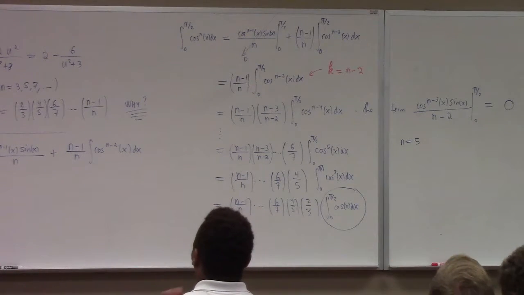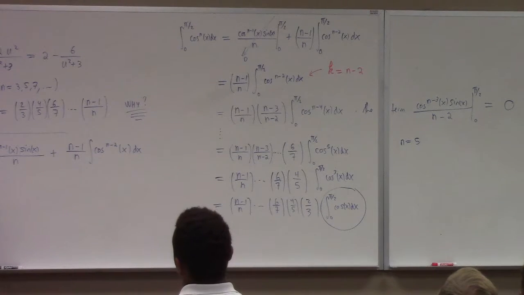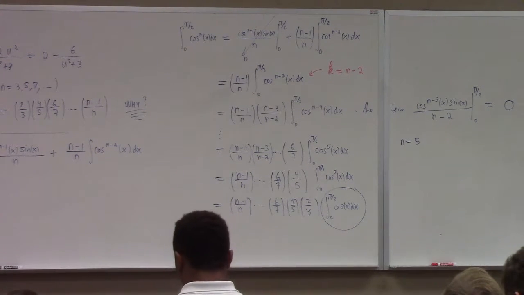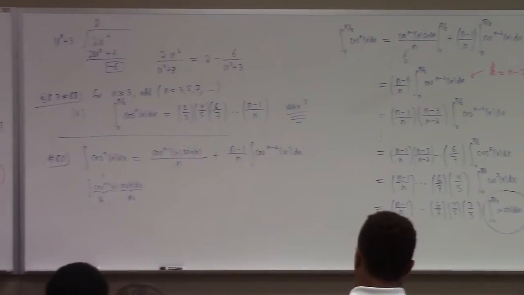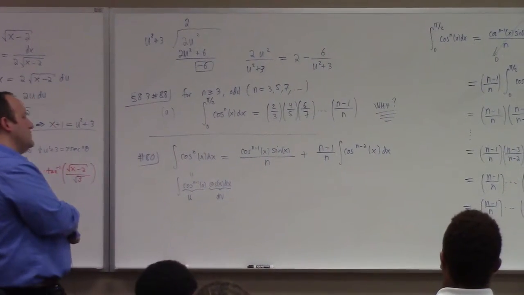If I do that, I can think of the cosine x dx as being the dv, and I can think of the cosine n minus 1 as being the u. And if I do that, I won't get that n.